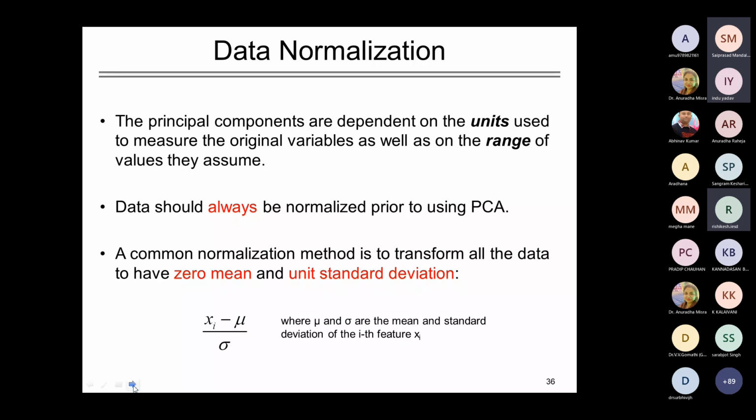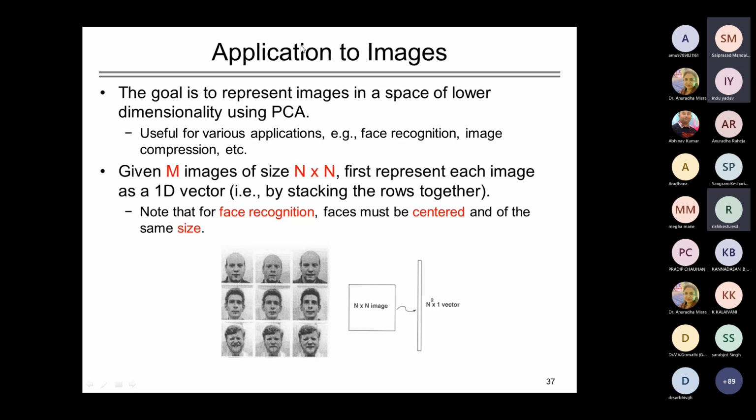Applications to images. The goal is to represent images in a space of lower dimensionality using PCA, useful for various applications like face recognition, image compression, etc. Suppose there are m images of n cross n.